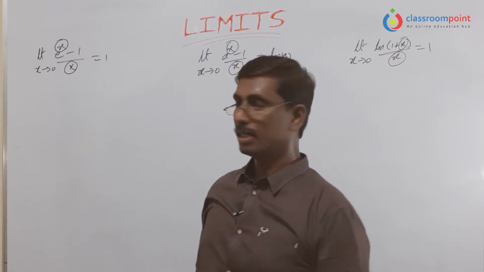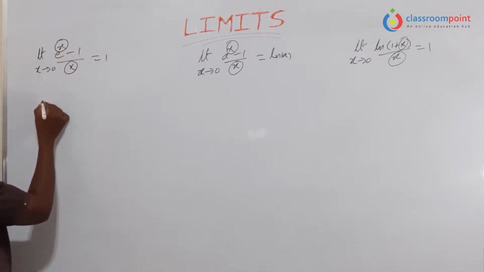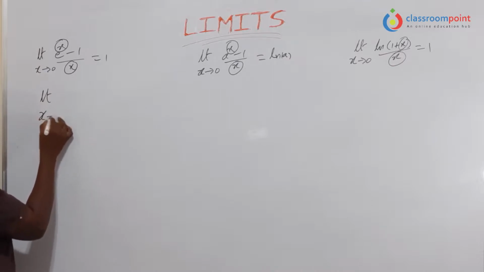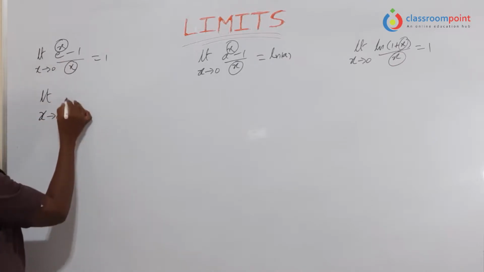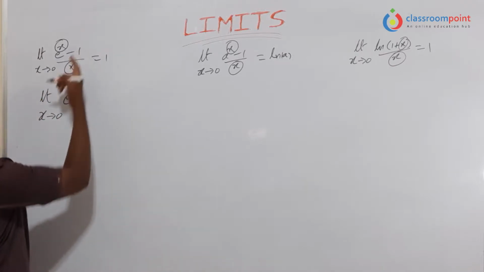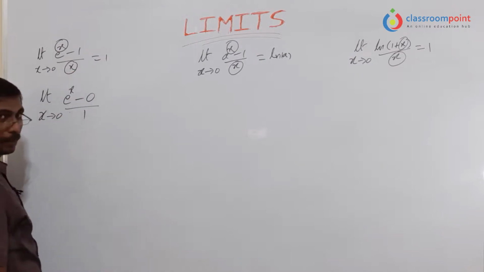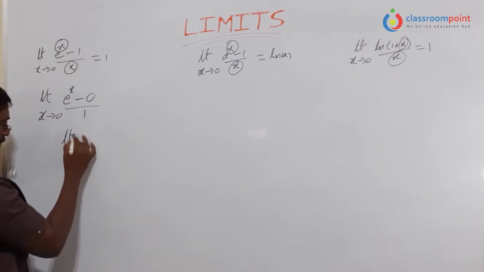How to do that? See here, first of all, by using L'Hopital rule, limit x tends to 0, e power x derivative is e power x, 1 derivative is 0, x derivative is 1. Then what is the remaining value?